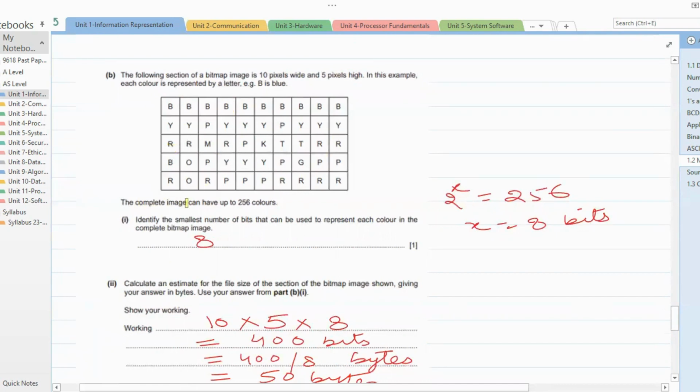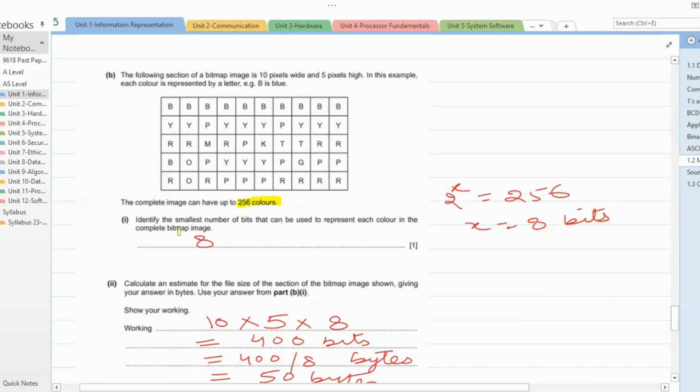So the complete image can have up to 256 colors. Again, 256 colors are given, but bit depth is not given. So we have to calculate bit depth. What raised to power 2 gives you 256? It is 8, right? So 8 is bit depth or color depth for this particular image.